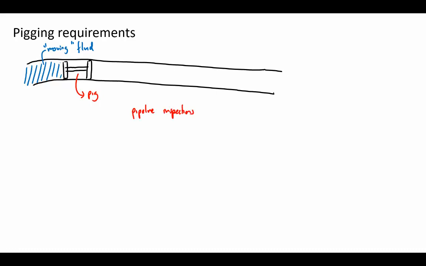In that case, the pig has some equipment that is sensing the thickness of the pipe, and is trying to detect if there is damage, a reduction of thickness, for example, due to corrosion. Corrosion inspection.